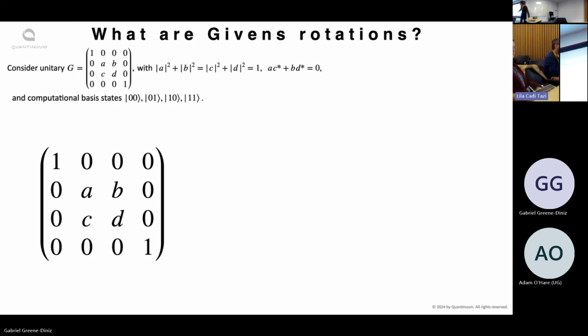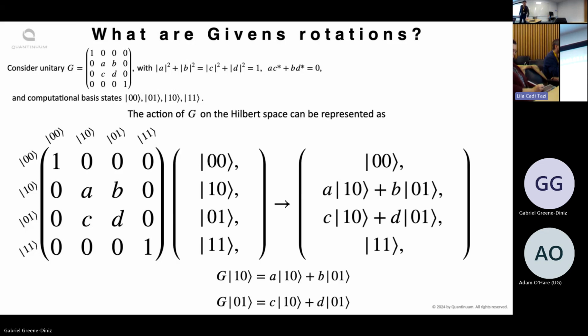So expressing that Givens rotation unitary matrix in the computational basis, you can think of what it's going to do to some state vector that you apply it to. This equation here is very schematic. In general, there should be normalized coefficients here, but I'm leaving them out for brevity.